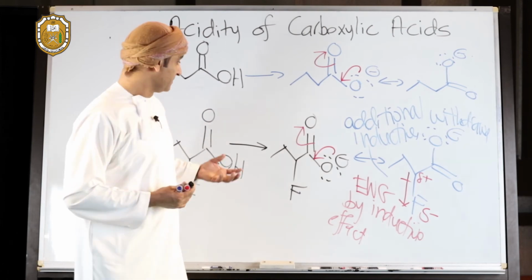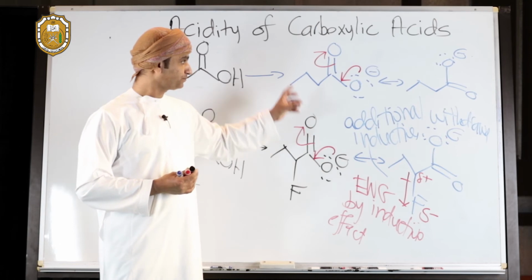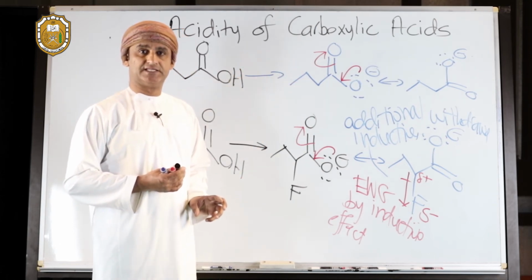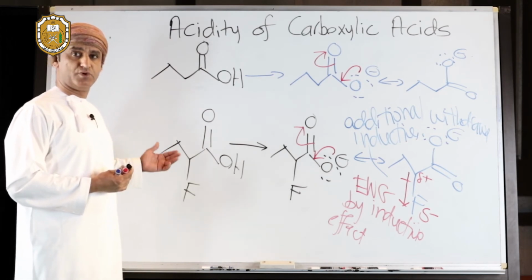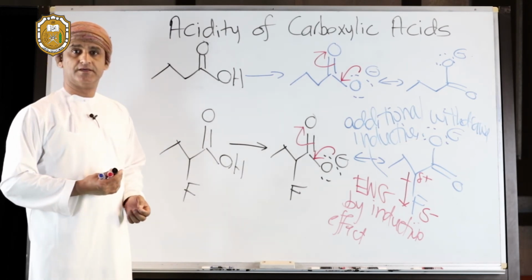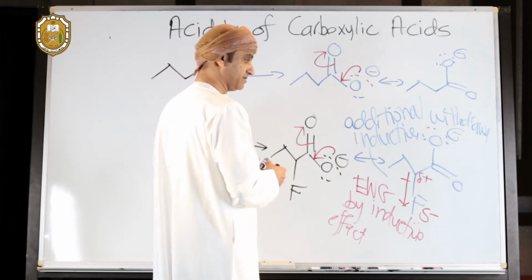As a result, this carboxylate is actually more stable than the butanoate itself. Therefore, 2-fluoro-butanoic acid is more acidic than butanoic acid itself. So this conjugate base, therefore, is more stable.